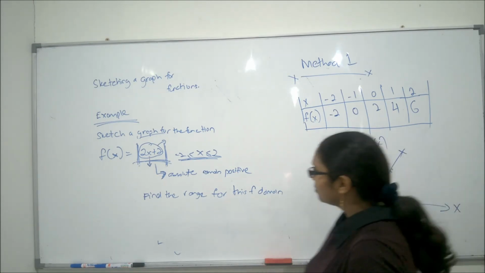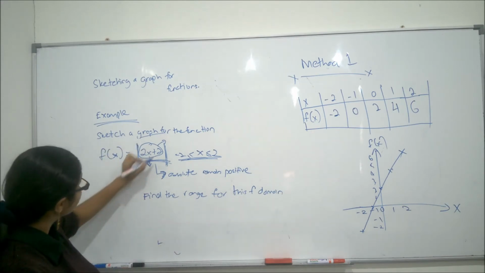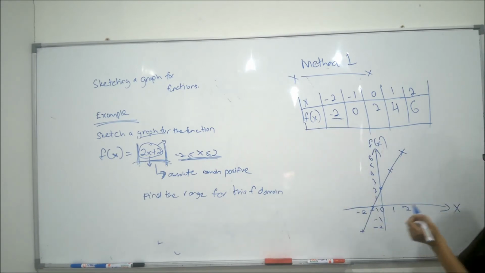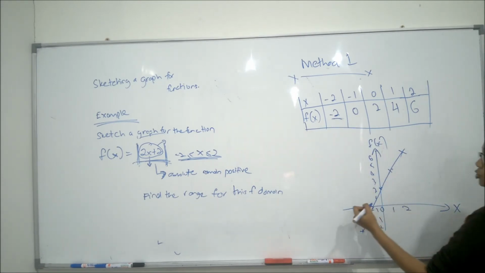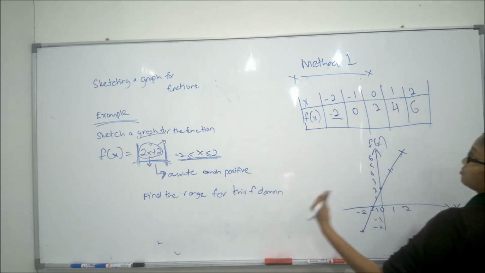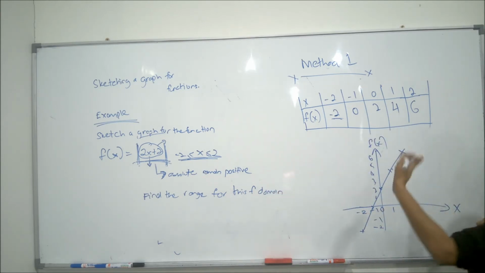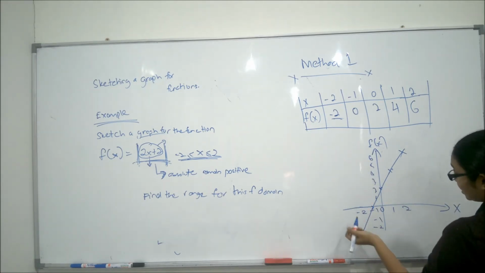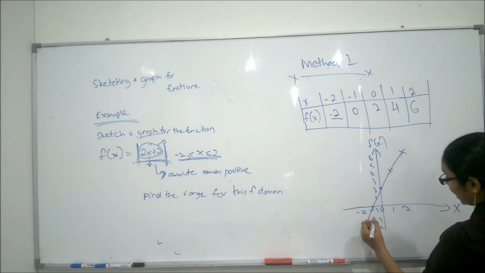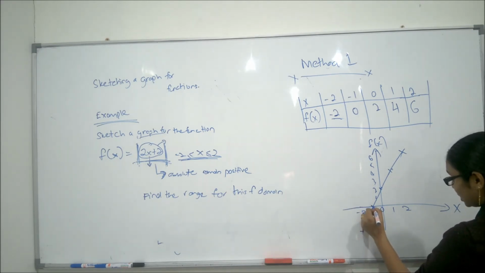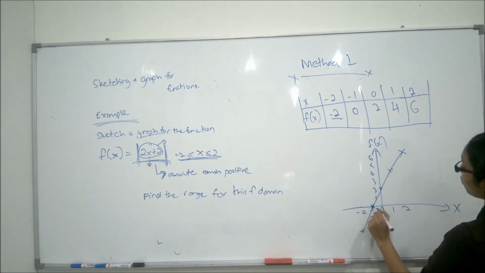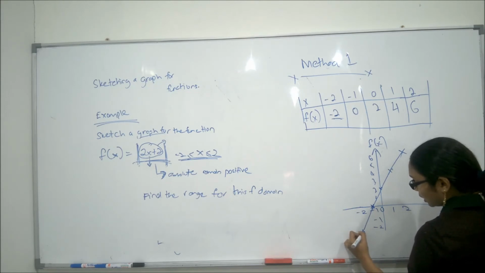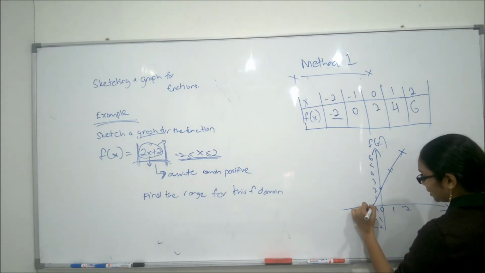Remember I've mentioned about this absolute value. So what can you see here? You can see that our fx here is a negative value. So if you want to sketch a graph like this, always remember that the range should be on the positive region. So the first method in modifying this graph is that all you have to do is, can you see this intersection point here? -1 and 0, it intersects at the x-axis. All you have to do is come up with a mirror image of this particular line above.